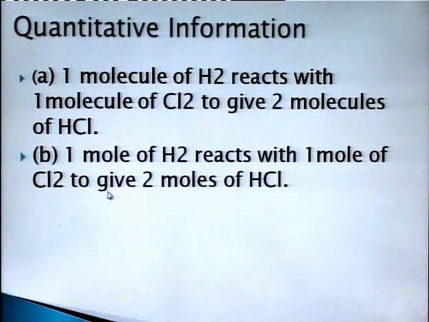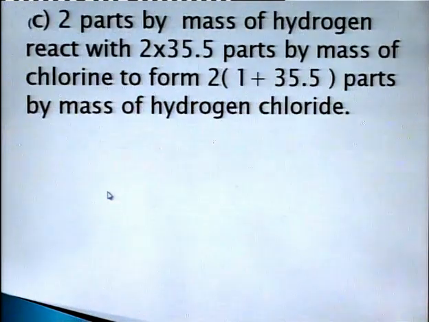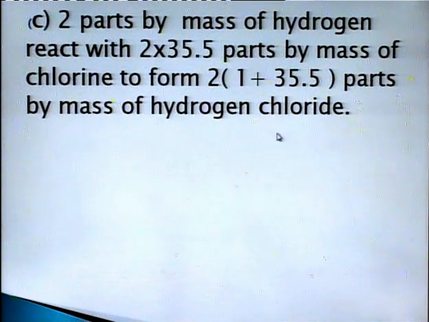That means the number of moles. Thirdly, it informs us about the mass, that 2 parts by mass of hydrogen react with 2 into 35.5 parts by mass of chlorine to form 2 into 36.5 parts by mass of hydrogen chloride.